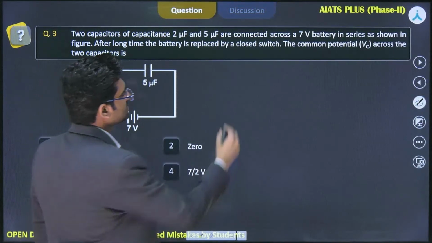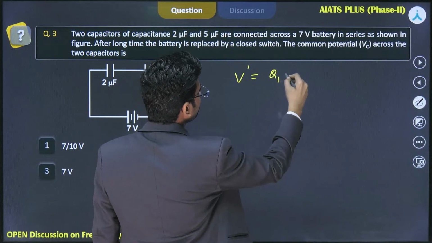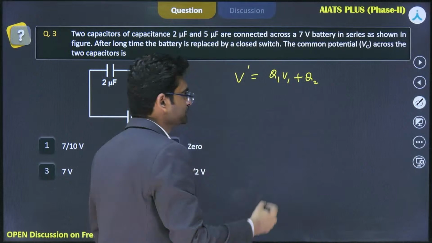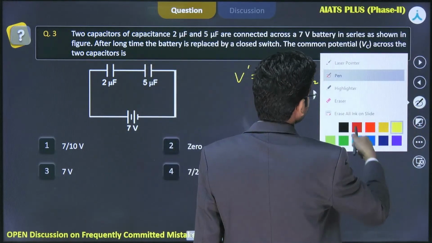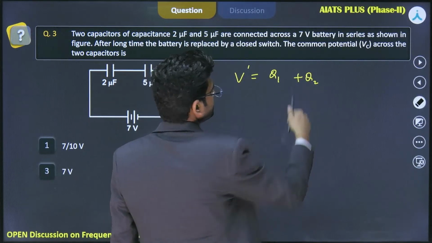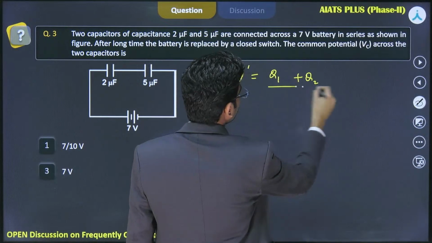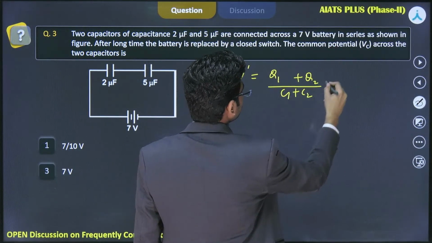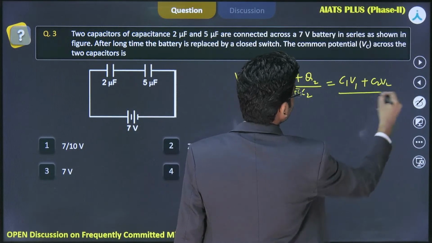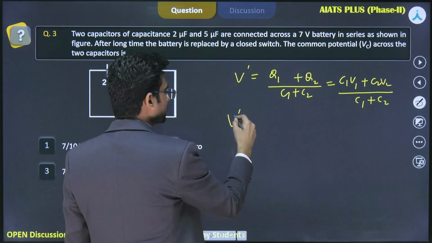So the formula is V prime is equal to Q1 plus Q2 divided by C1 plus C2, or C1 V1 plus C2 V2 divided by C1 plus C2.